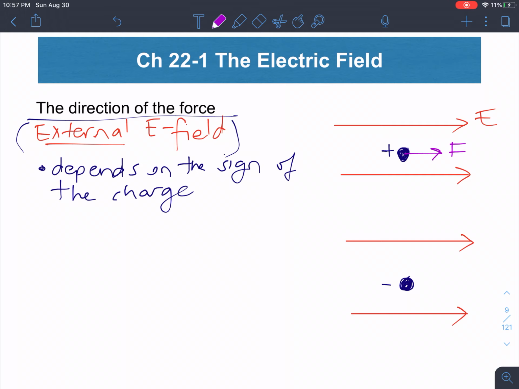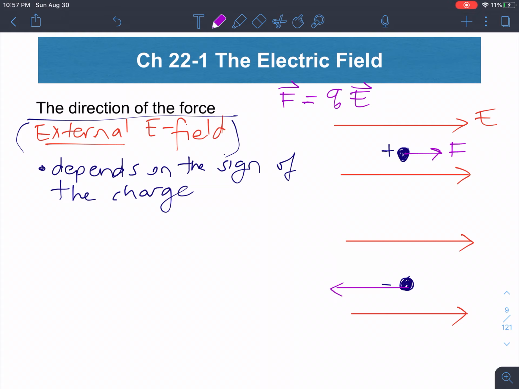Let's recall the equation: F is equal to Q E. If Q is positive, those two vectors point in the same direction. And if Q is negative, as you can see with the bottom charge, which also has more magnitude than the positive charge, it's going to feel more force because it has more charge, but it is also negative, so it's going to feel it the other way around.